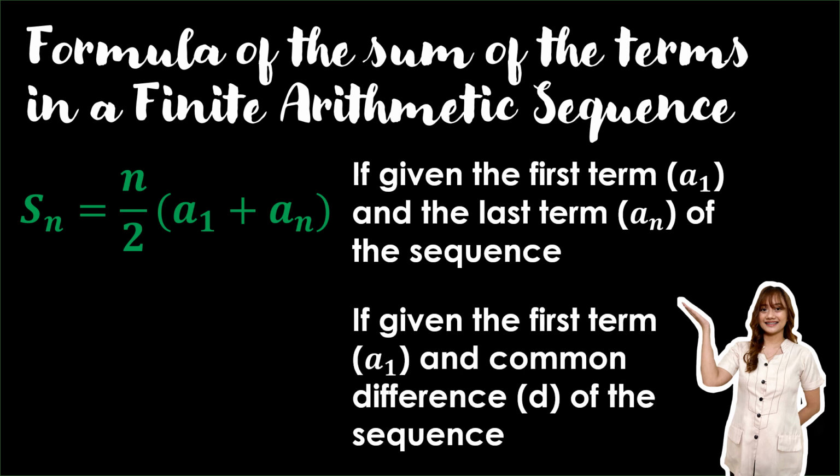If given the first term a sub 1 and the common difference d of the sequence, we use this formula: S sub n is equal to n over 2 times the quantity 2a sub 1 plus the quantity n minus 1 times d.